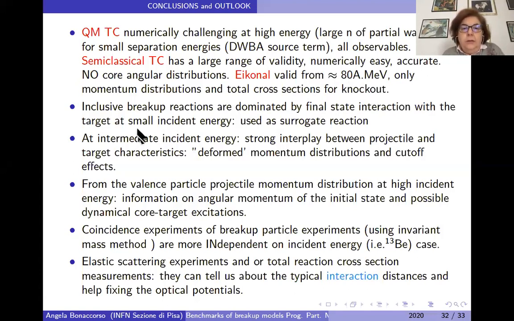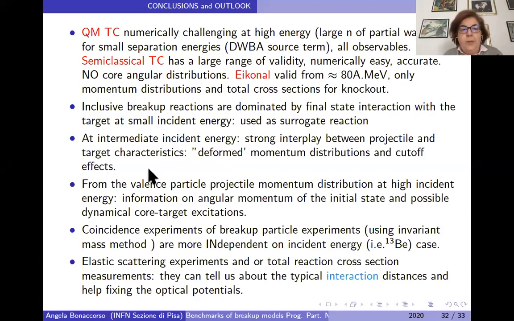And so, a summary of what we have understood by doing this. The inclusive breakup is dominated by final state interaction with the target. And we have seen why it's so important to have a very good neutron-target optical potential. When the incident energy is not that large, there is a strong interplay between what the neutron does with the target and what the initial momentum distribution is.